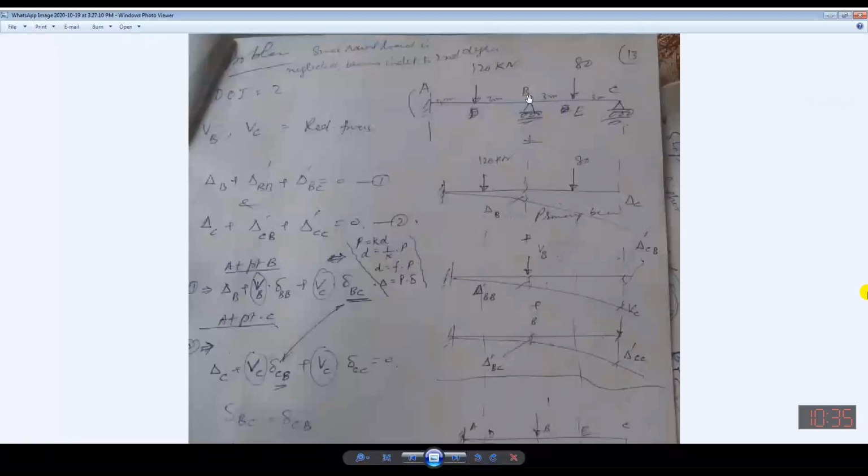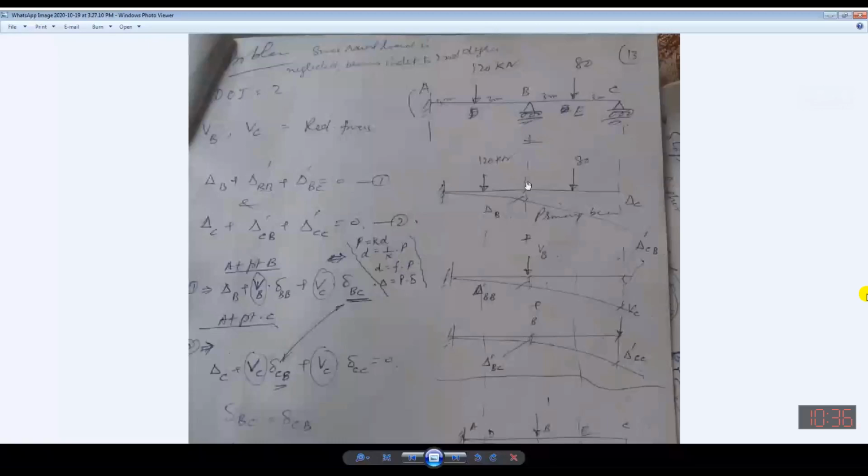If you are considering a linear force as redundant, then the corresponding displacement will be linear, which means deflection. So I will be considering the deflection at the same locations B and C, when VB is acting and when VC is acting.